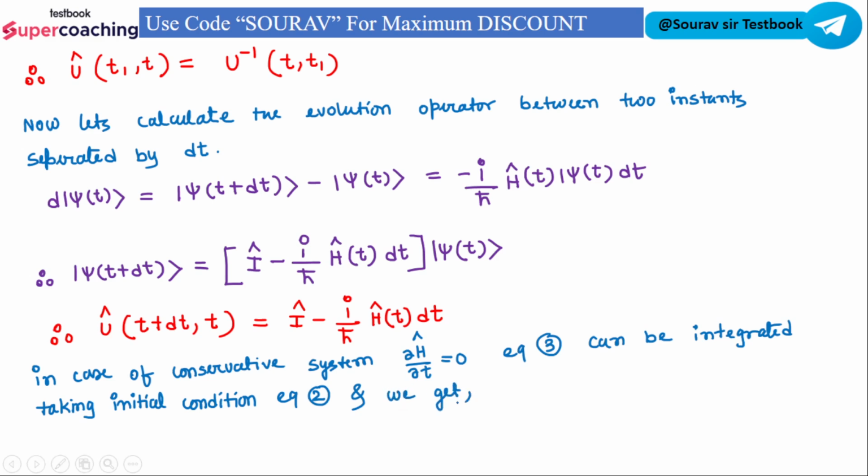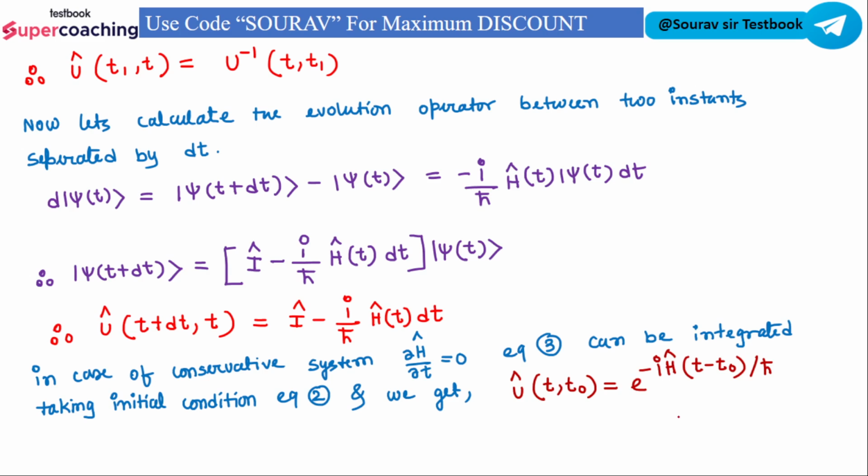we get u cap of t comma t0 is actually equal to e to the power of negative of i h cap t comma t0 by h cut.